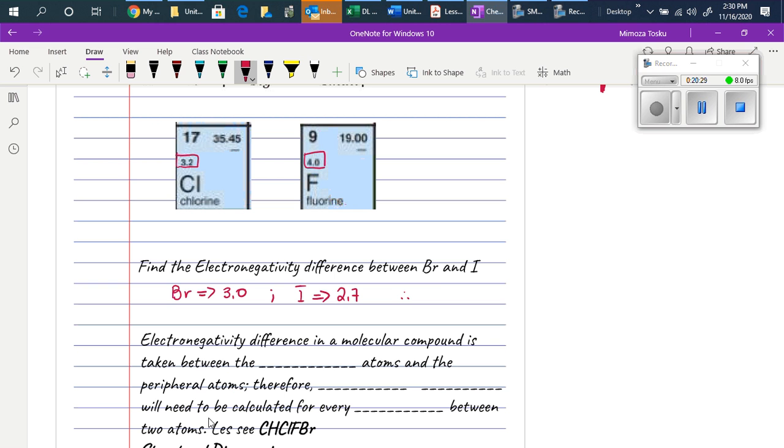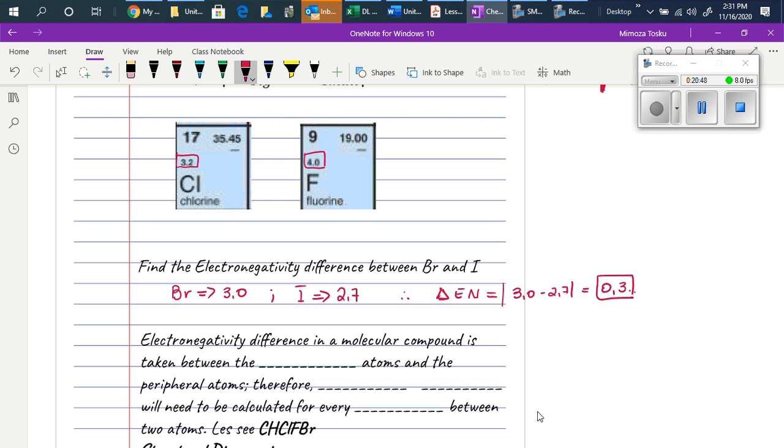So the electronegativity difference, and this triangle here always means difference, is the absolute value of 3.0 minus 2.7, equal to 0.3.